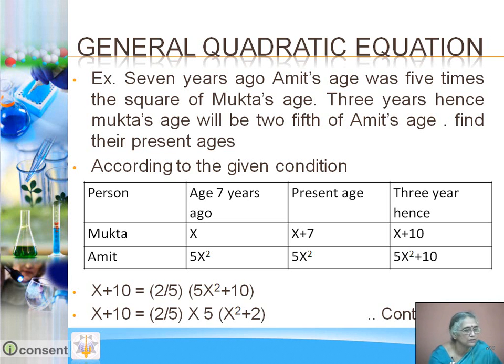Now from the given conditions, what is given to you? Mukta's age will be 2/5 of Amit's age. So write Amit's age, multiply that by 2 by 5 and equate that to Mukta's age. So we write the equation as x plus 10 is equal to 2 upon 5 into (5x square plus 10).